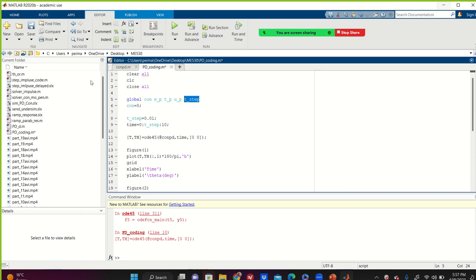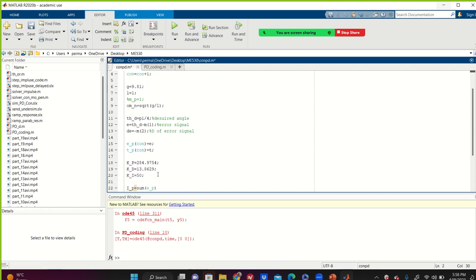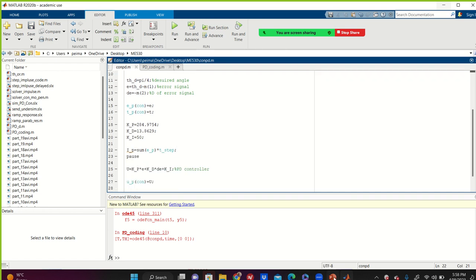This is a very fundamental way of teaching control. And t step. So this means integration of EP in time step.